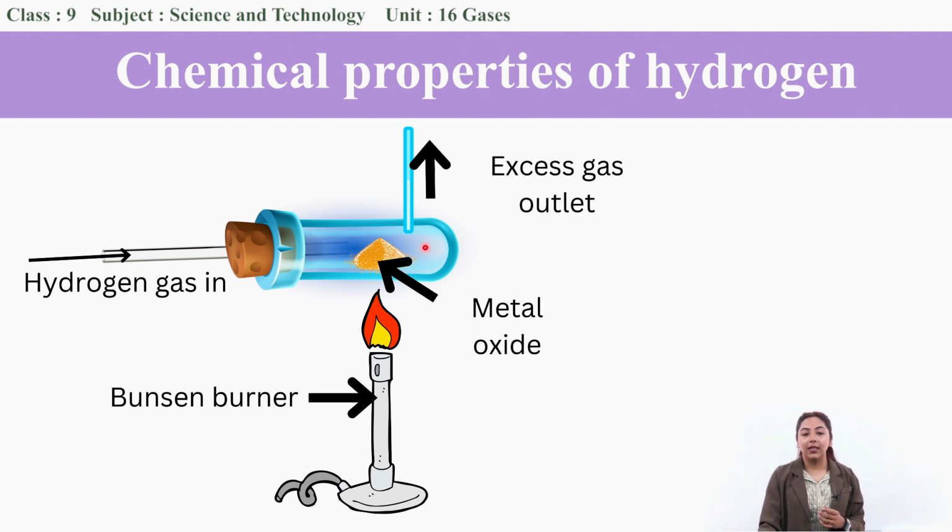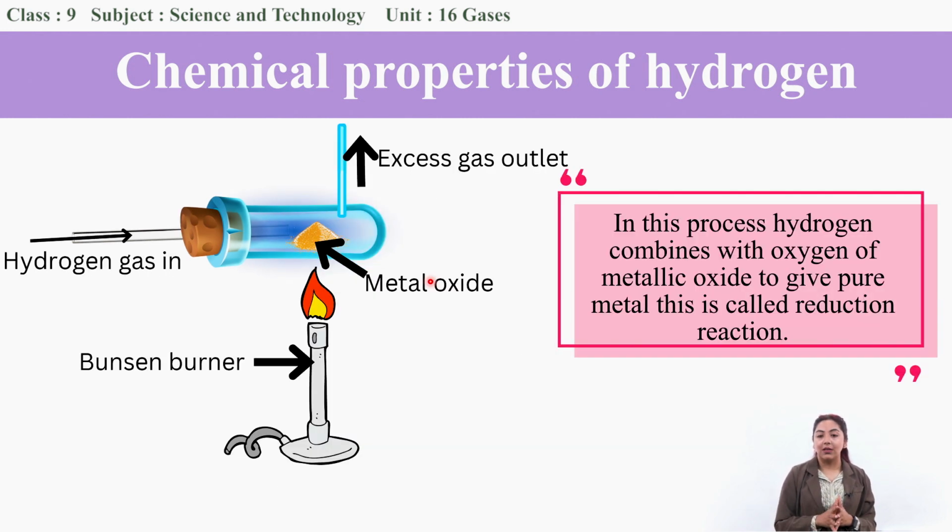Here you can see when metal oxide is heated at a high temperature and hydrogen gas is passed over it, then the hydrogen gas reduces this metal oxide, that is, it reacts with oxygen present in this metal oxide and forms water molecules, and it gives us pure metal. So this process is also known as a reduction reaction.